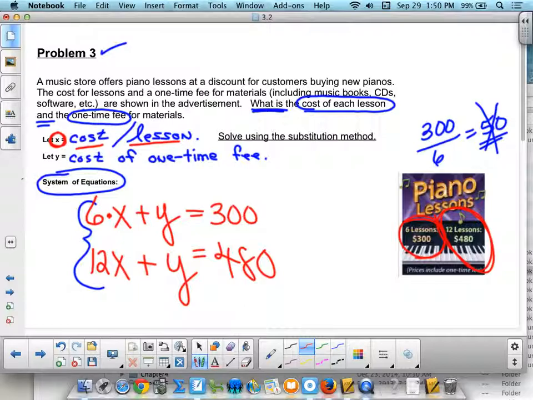You don't divide it by 6. I said 6x. You go back home and you substitute.